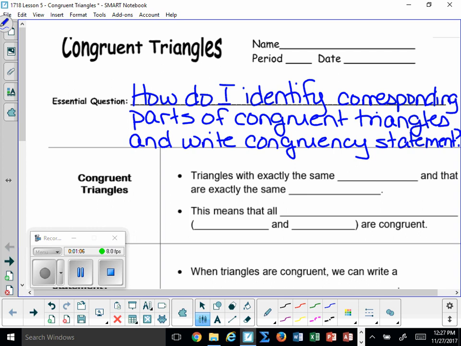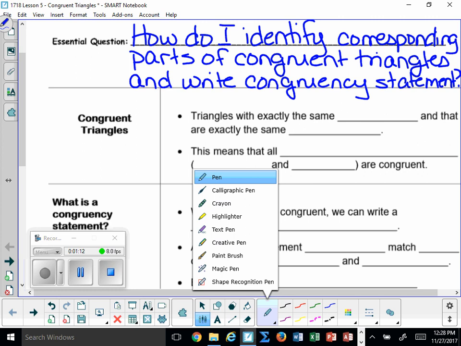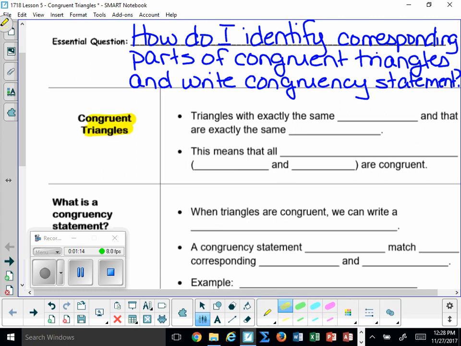All right, so we do have a definition here of congruent triangles, and it is optional whether or not you make a note card for this one, because we've talked about congruent and we've talked about triangles before. But congruent triangles are triangles with exactly the same shape and exactly the same size.